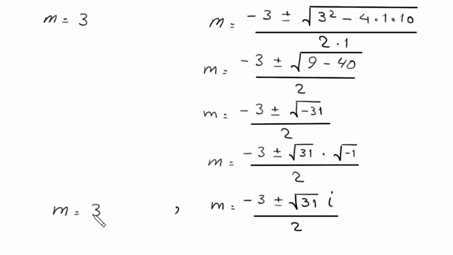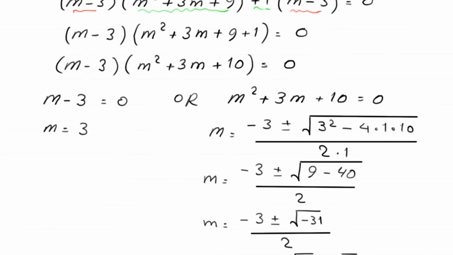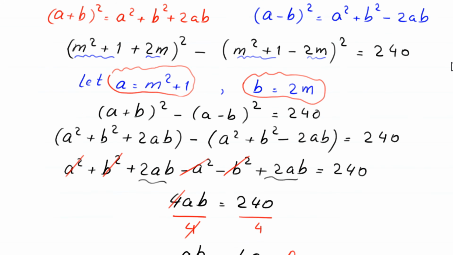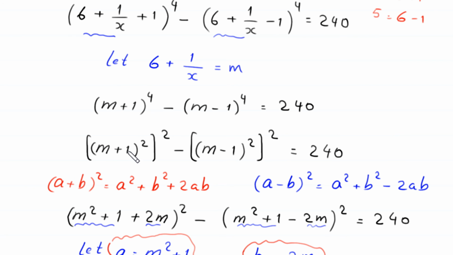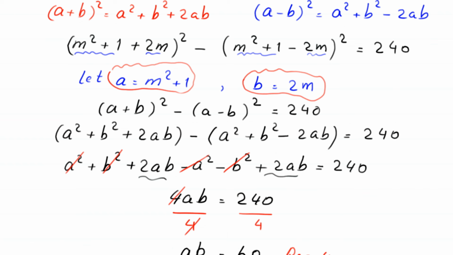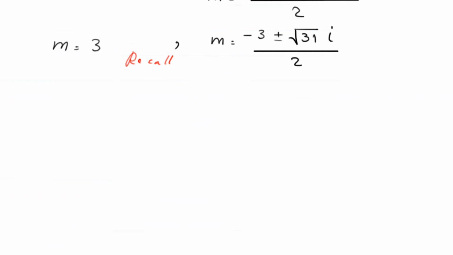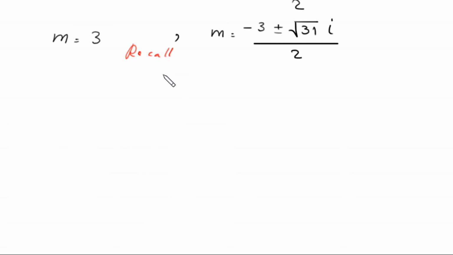Now to find the values of x, recall that we have supposed that 6 plus 1 over x is equal to m.